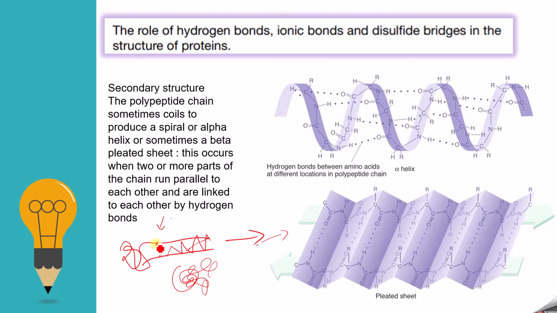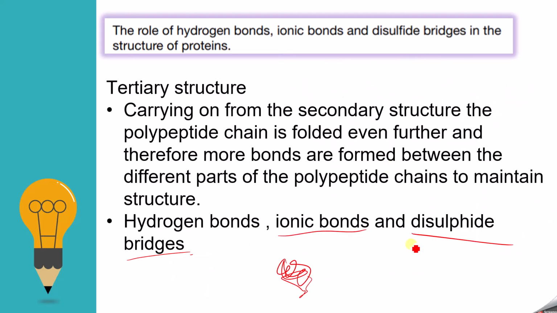Before, in our secondary structure, we only had two types of bonds going on. We've got peptide bonds, obviously, which are between the amino acids, and hydrogen bonds, which are here. Now here we're going to have ionic bonds and disulfide bridges.